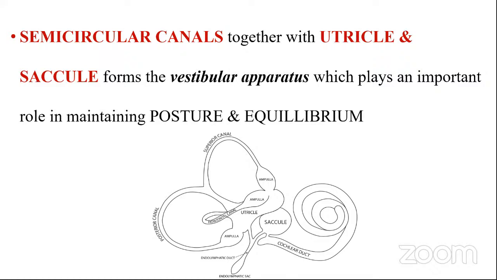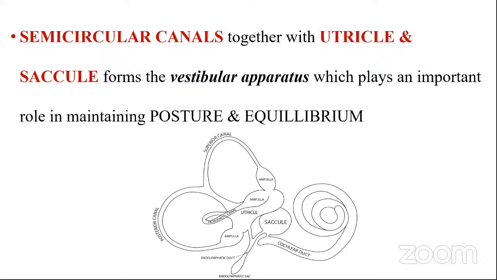So, the interconnections between the semicircular canals and utricle and saccule, and the saccule which is connected with the cochlea through the cochlear duct, are clearly shown in this diagram.